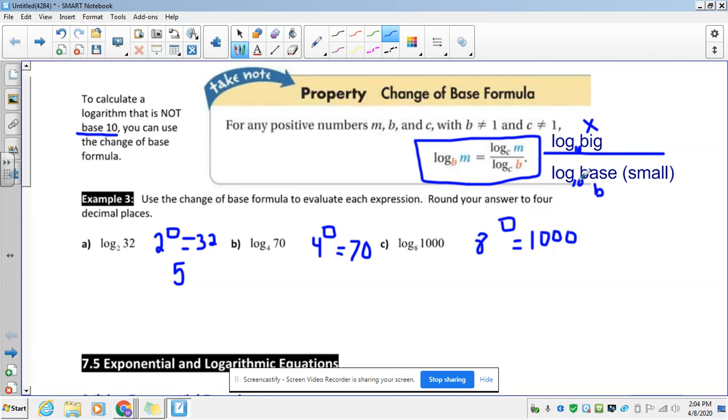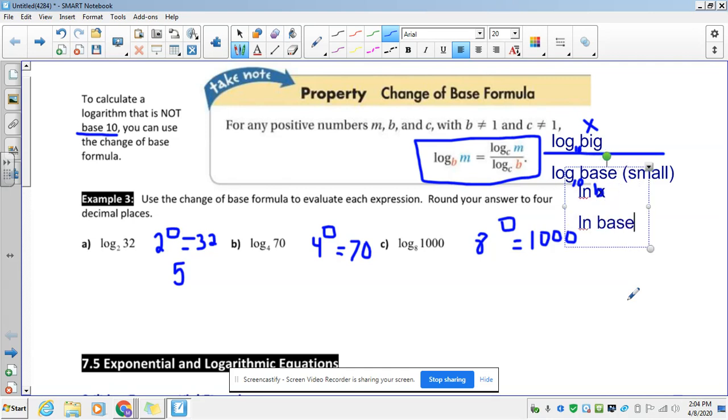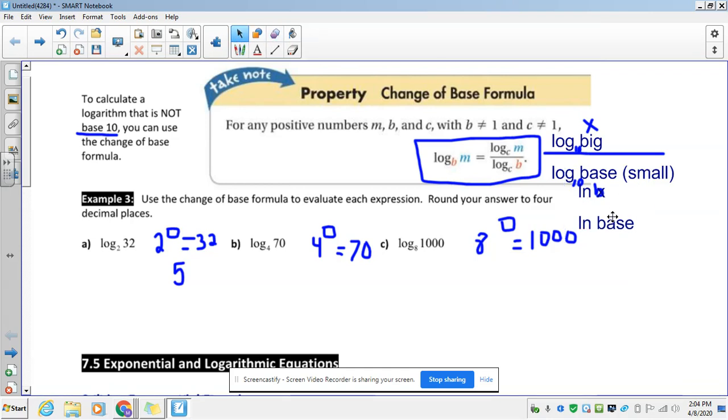If you guys are on TI-84s, you should be looking at the left-hand side of your calculator. That left row will give you a log button and an ln button. So I can do the same thing, ln x over ln of the base, and it will produce approximately, and in some cases, the exact same answer.